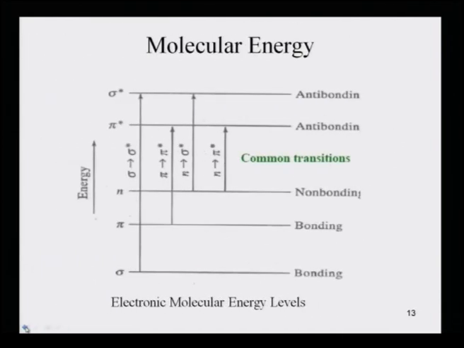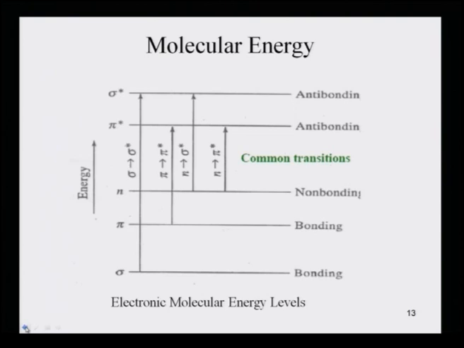Now, these are certain molecular electronic transitions that are permitted. So, you will see that the transition of pi to pi star is the most facile energy exchange that can occur, or n to pi star, but n to sigma star or sigma to sigma star requires the highest energy.